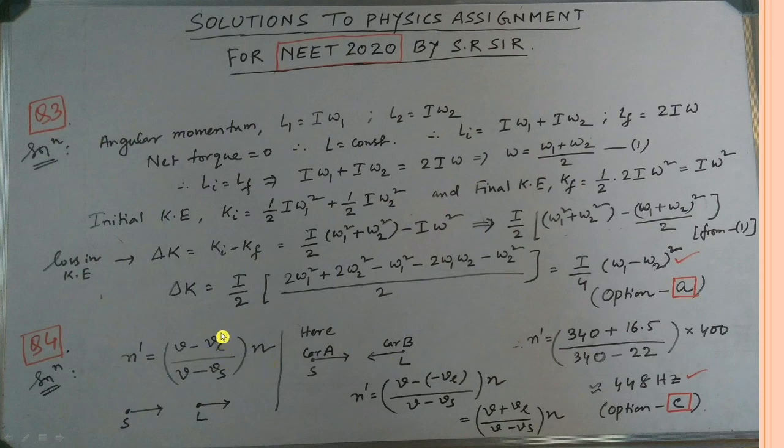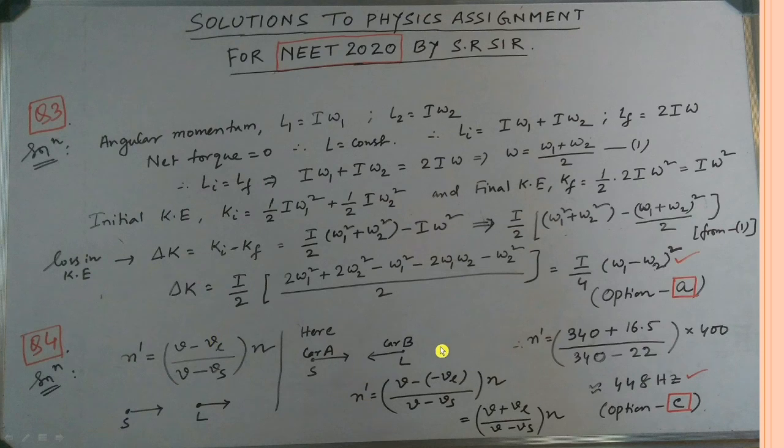So an additional minus would occur because the direction of the listener is reversed. If it had not been so, then this formula would have been applied. But as the direction of the listener is reversed, we have to put a negative sign in front of this vl.